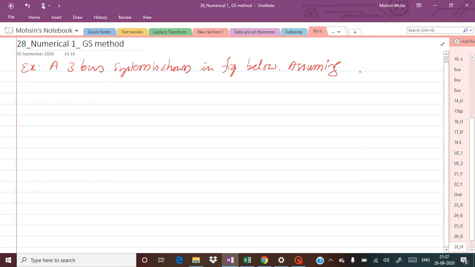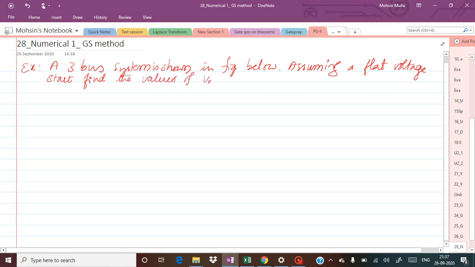Assuming a flat voltage start, find the values of V2, del 2, Q3 and del 3 at the end of the first iteration of the Gauss-Seidel method of load flow.